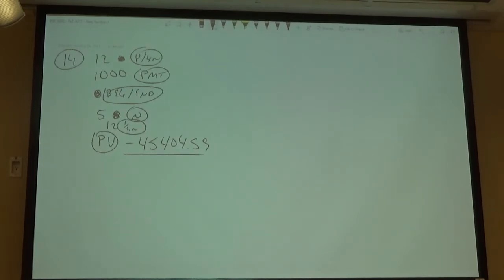And the other part of that is a sublease, which we'll talk about here, for $1,800. Solve for present value.